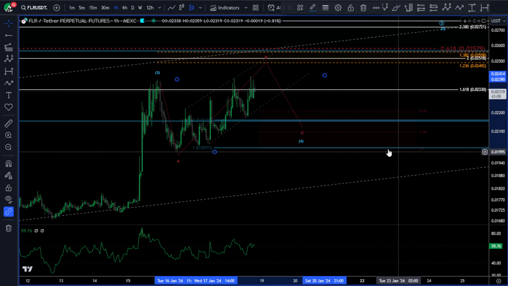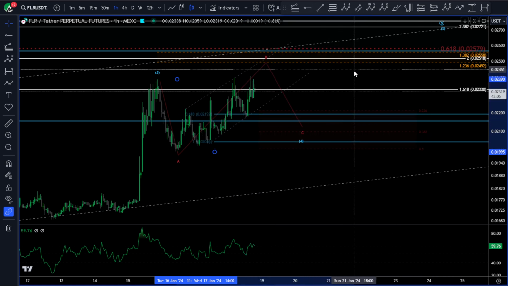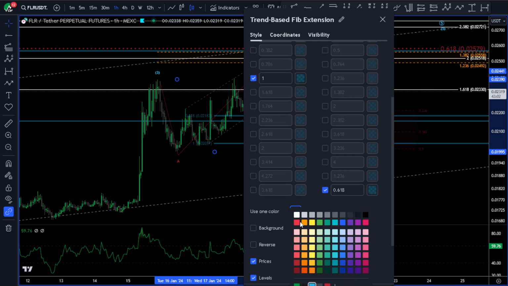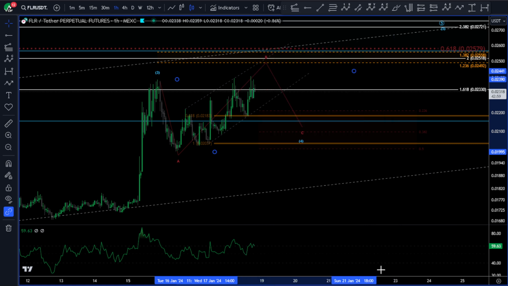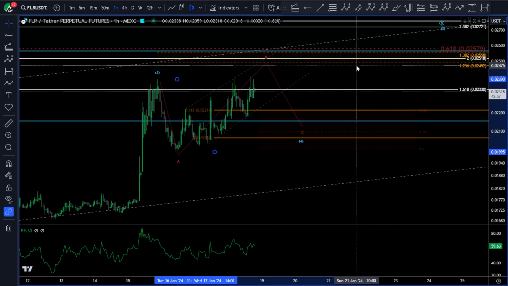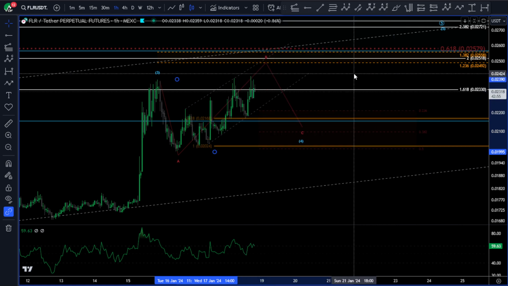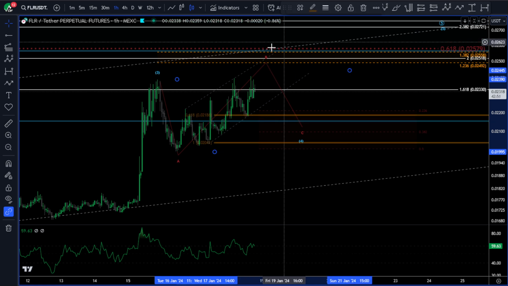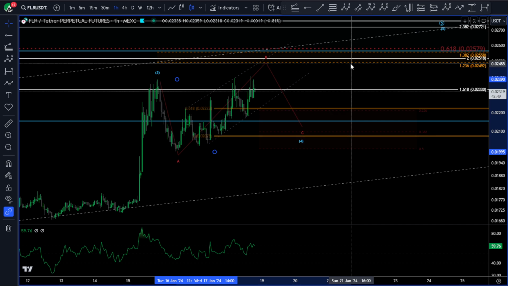Minimum is the 0.618. Wherever this B wave ends, I'd pull the pivot and I'd look for a long from that area as long as we don't reach that trend channel.